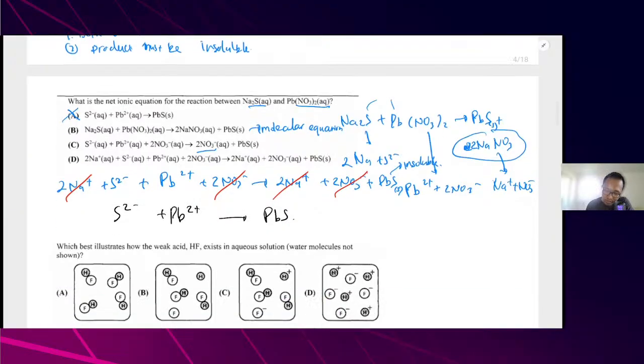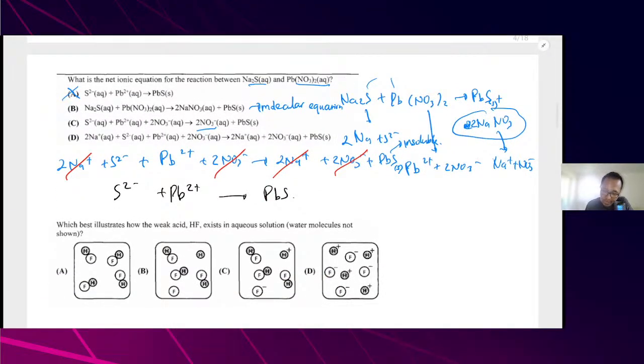Which best illustrates how weak acid HF exists in aqueous solution? Water molecules are not shown here. Let's review what happens with a weak acid.